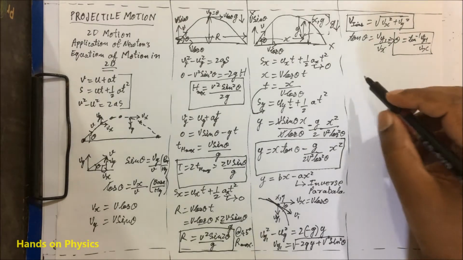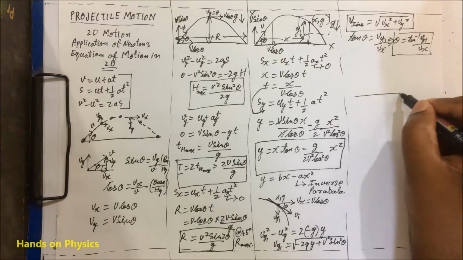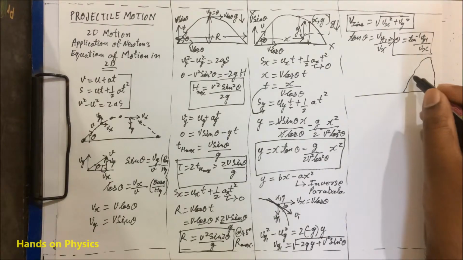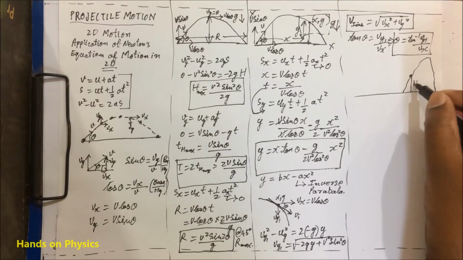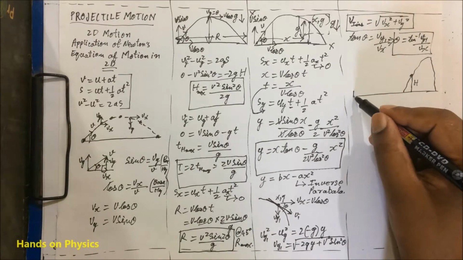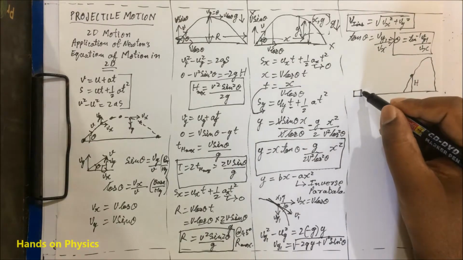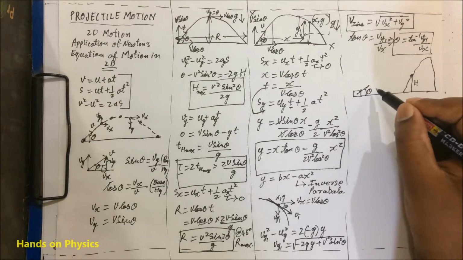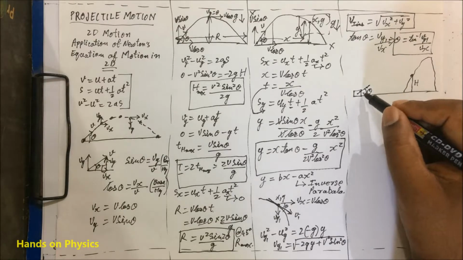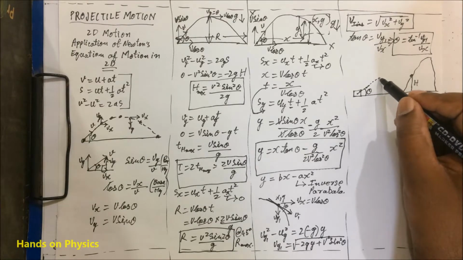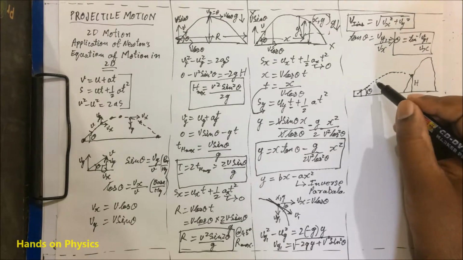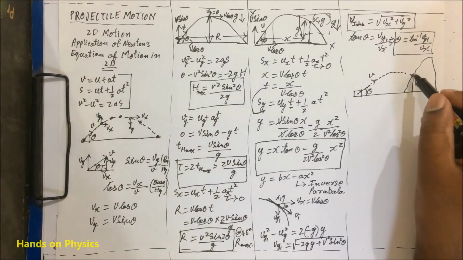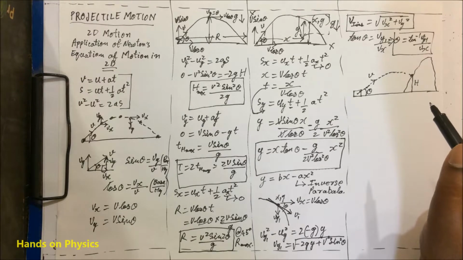Now let's consider that you are in a battlefield and there is a mountain here, and there is some enemy at this point which is h height above you, and you are in your battle tank here. You have to launch a projectile at an angle theta, then what should be the velocity v so that it goes and hits this target here.